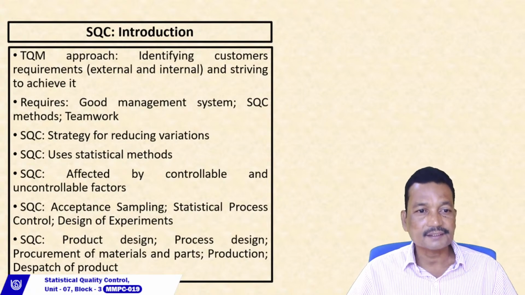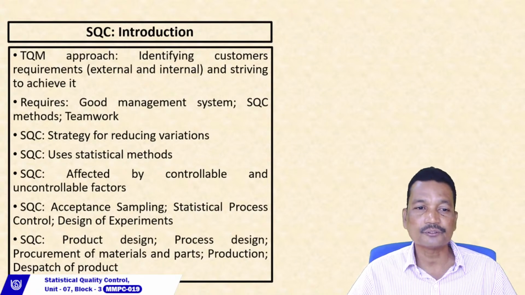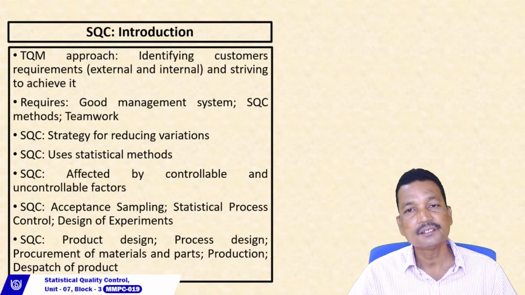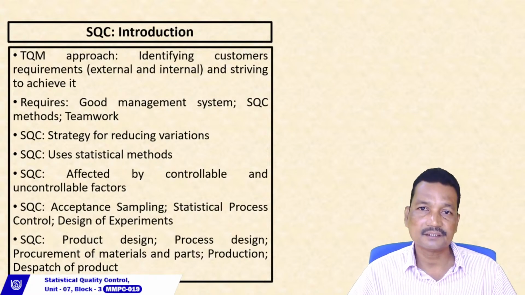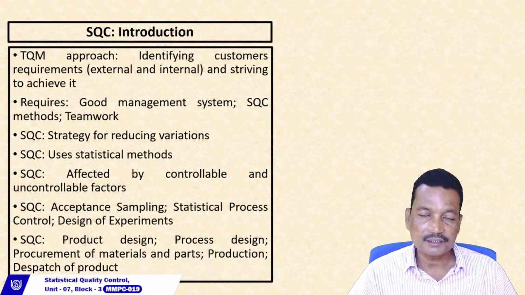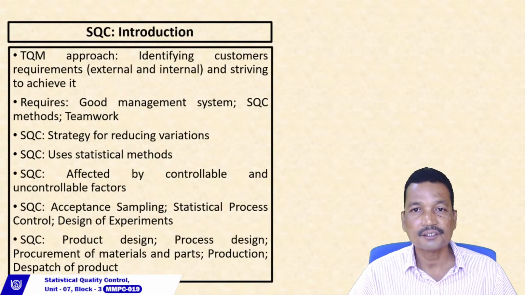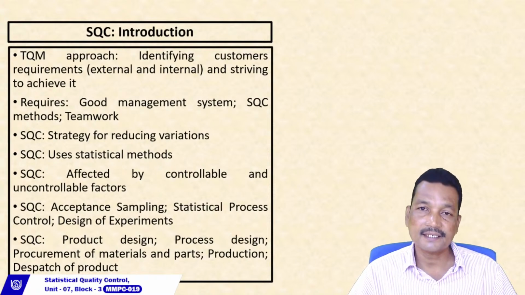Now for this, what do we use? In statistical quality control, we use statistical methods, like the control charts, which are based on the mean and the range, and we also use standard deviation.